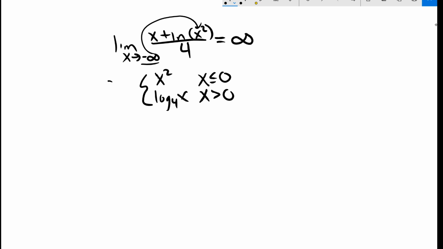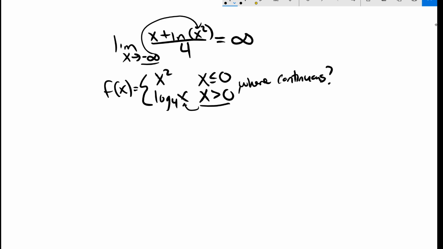And maybe I ask you, where is this thing continuous? Well, I do my thing where, okay, this is sick. I'm actually plugging in x bigger than 0 into my log, so I got no problems there.